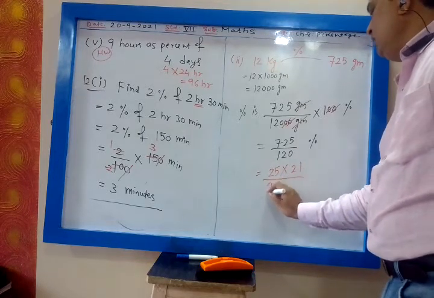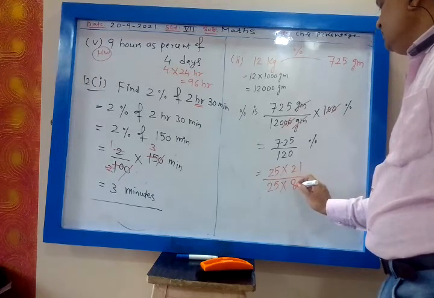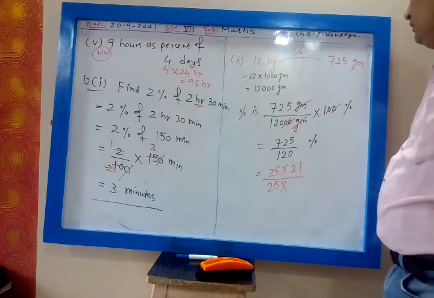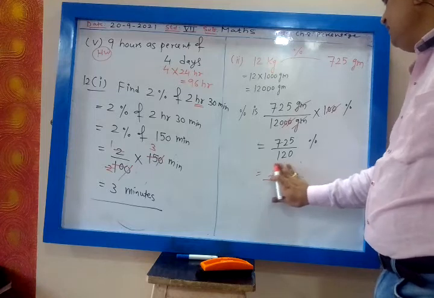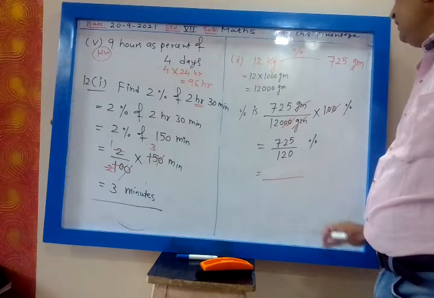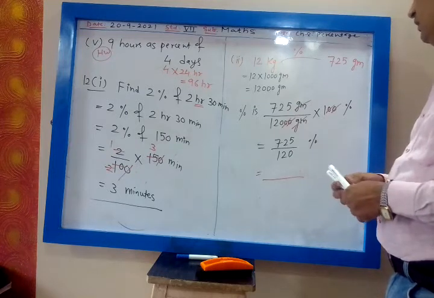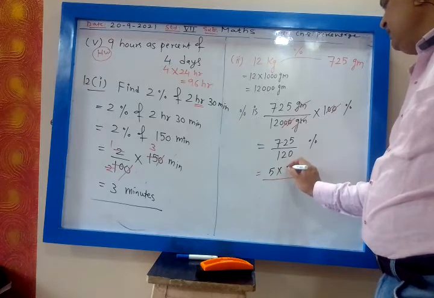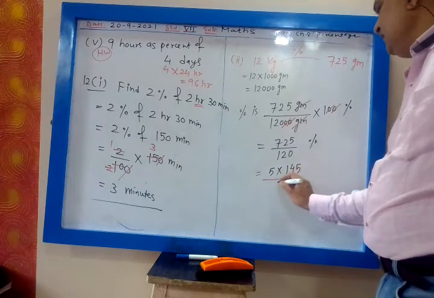And 120, you can write 25 8s are, no. You can cancel them by 5. Chalo, let us cancel them by 5. 5 into 5 1s are 5. 5 4s are 20. 5 5s are 25.